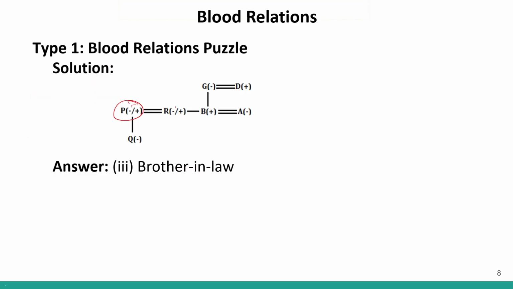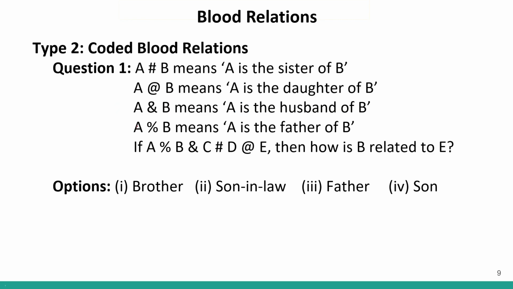Over here, you can see that the genders are unknown. Now, type 2, coded blood relation. I told you, it is the same concept of coding-decoding plus blood relations, just the questions are a little trickier now.